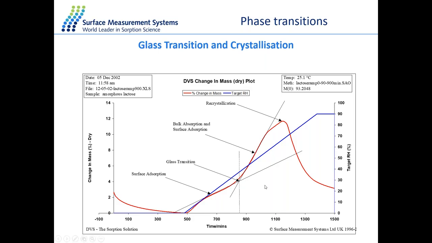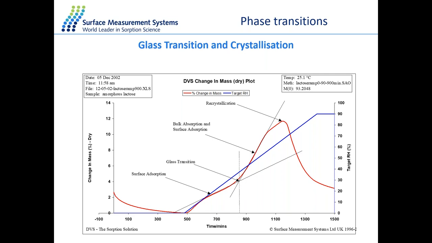I have my humidity going up, and I will have my mass constantly growing as a parallel line. Very, very simple. Any deviation from the parallel line indicates that the sample is changing in structure and the mass uptake is responding to the change in structure of the sample. And that's what we are highlighting over here.